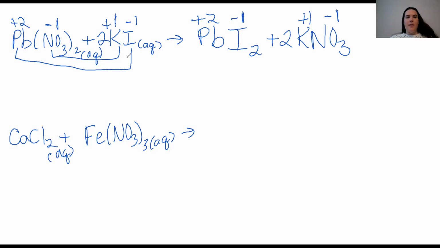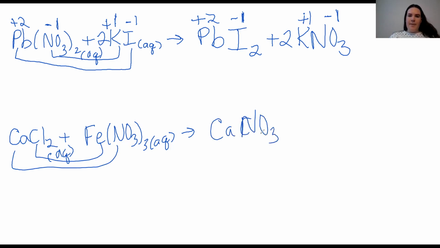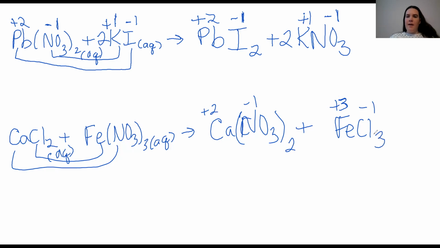So for this one, again, pairing up the outsides and the insides, calcium ends up with NO3, and iron ends up with chlorine. Calcium is +2, nitrate is still -1. In this one, iron is +3 because of that 3 here. Chlorine is -1. So that means we need a 2 here and a 3 there.